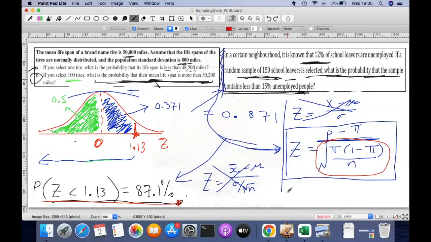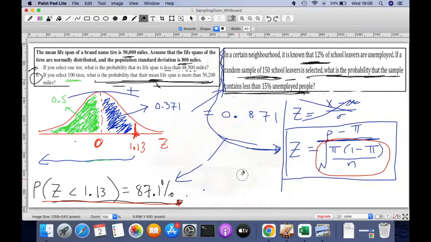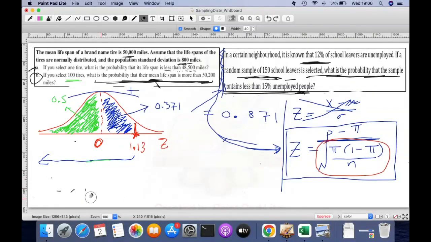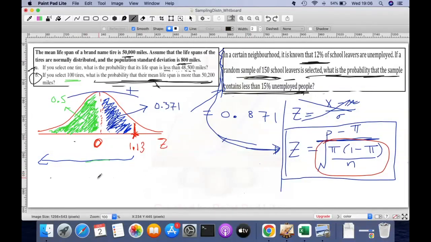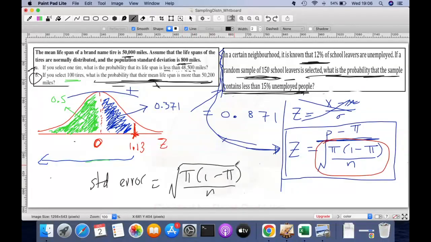So your standard error is equal to whatever's in the denominator, which is the square root of pi times 1 minus pi all over n, and everything is under the square root sign.